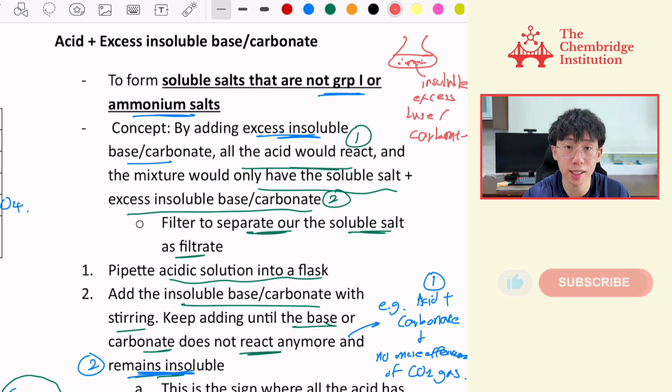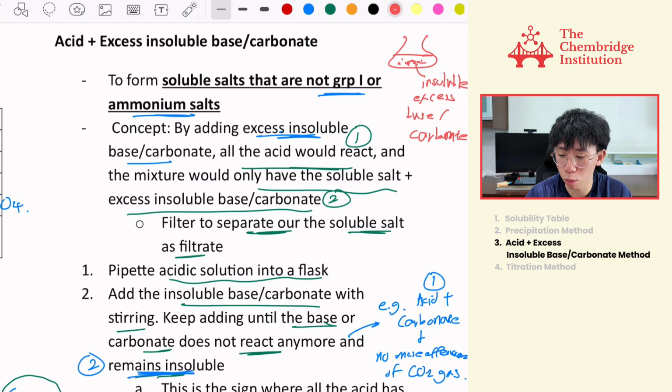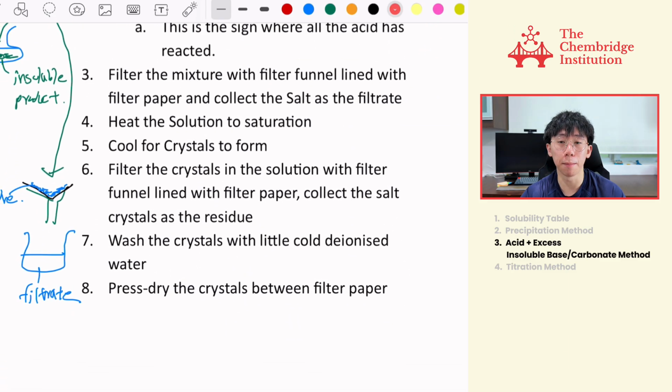And if all your acid has reacted away already, then what you should have left in your solution is just the soluble salt that you're trying to prepare. You should have no more acid after step 2. Then afterwards, you want to filter the mixture with a filter funnel lined with filter paper.